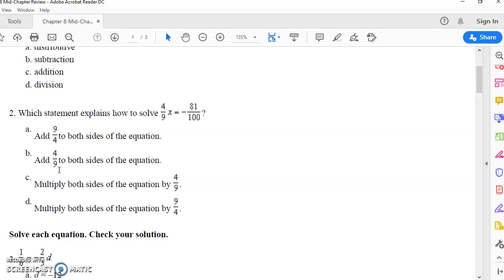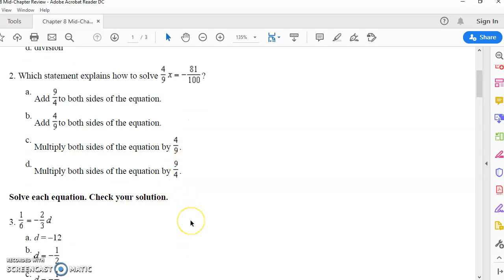I know I probably made it sound more confusing than it is, but again, this is a multiplication problem, but you're going to divide both sides by the reciprocal of the coefficient of x. So the correct answer choice for number 2 is going to be D as in dog. Multiply both sides of the equation by 9/4.